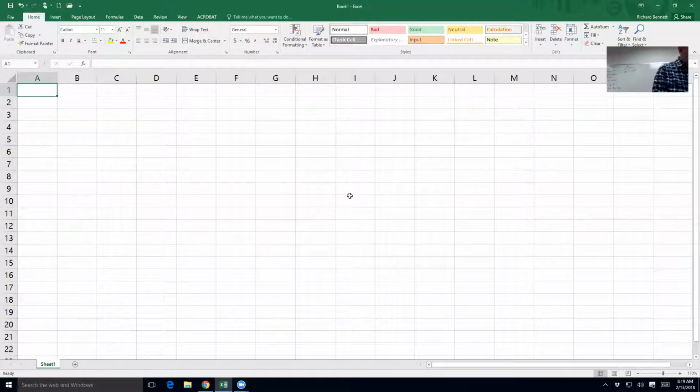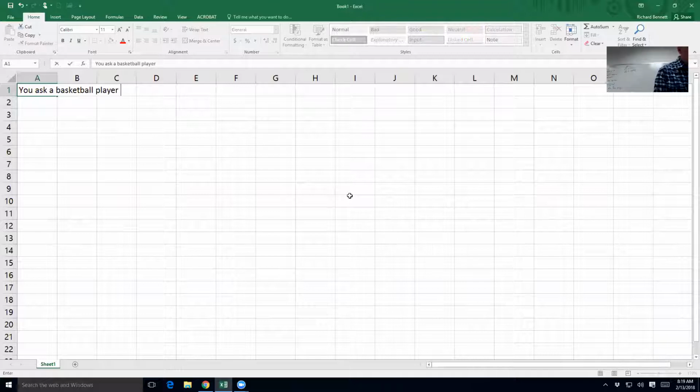All right, so let's say that you ask a basketball player to shoot 3 free throws. X represents the distribution.